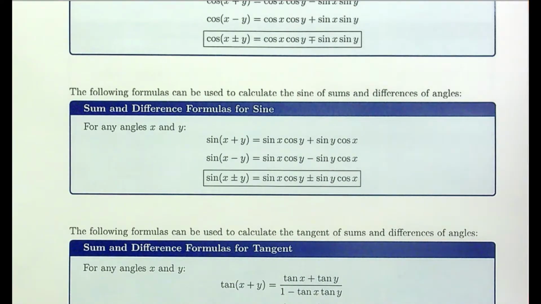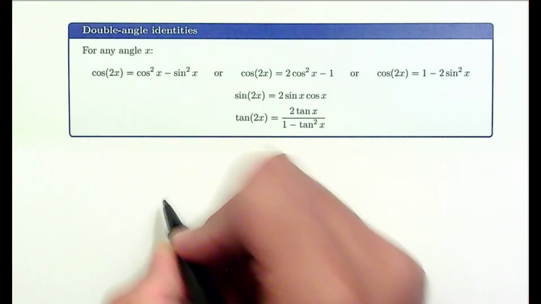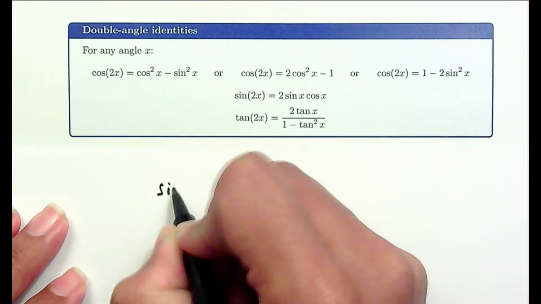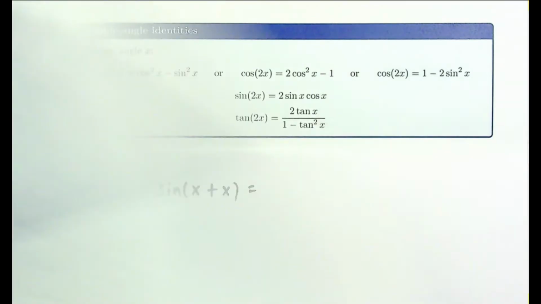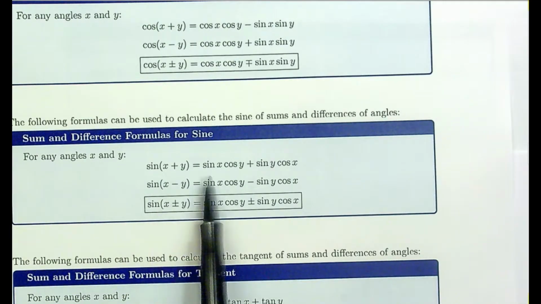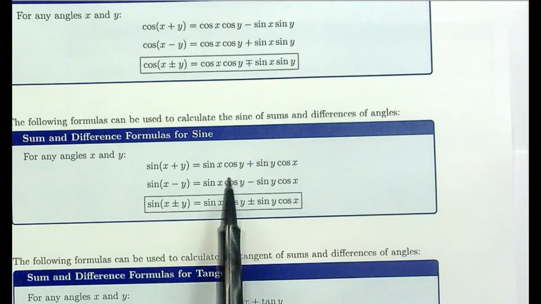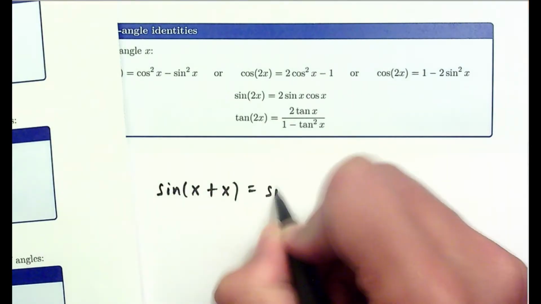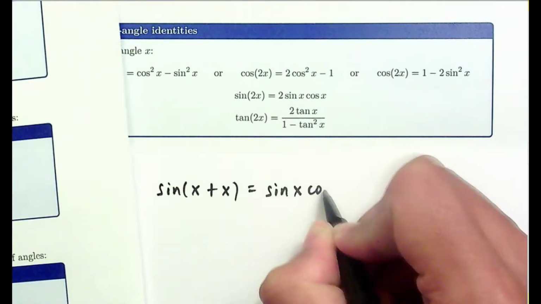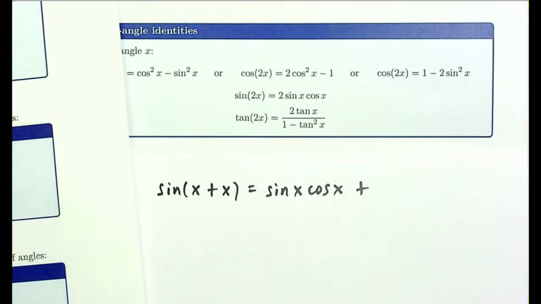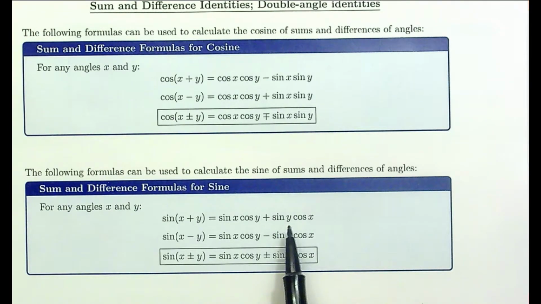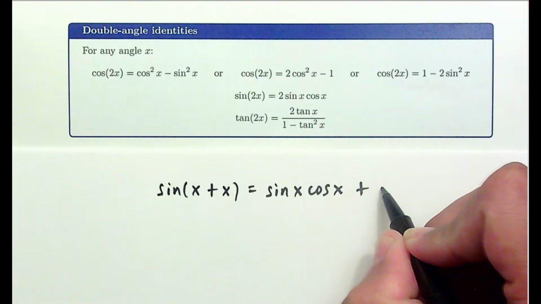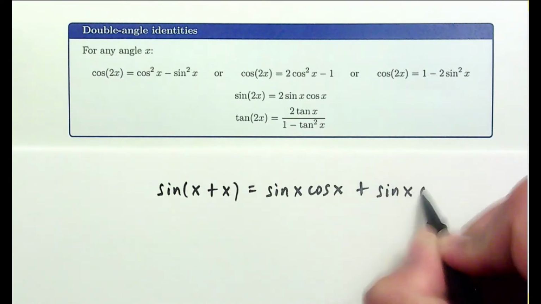We're going to get sine of x plus x, that would be the left hand side, and then this would be sine of x cosine of x equals sine of x cosine of x plus, and then I said we're replacing the y with x, so this would also become sine of x cosine of x.